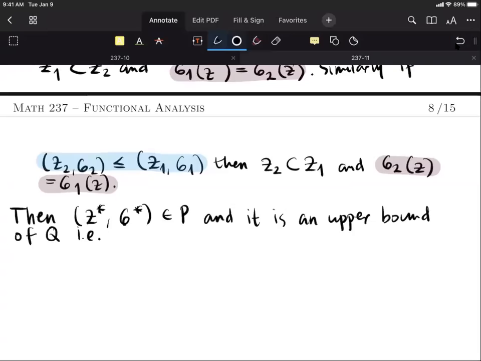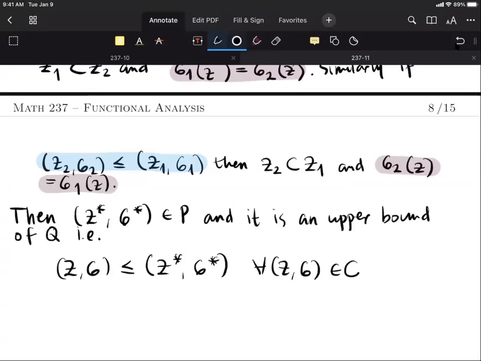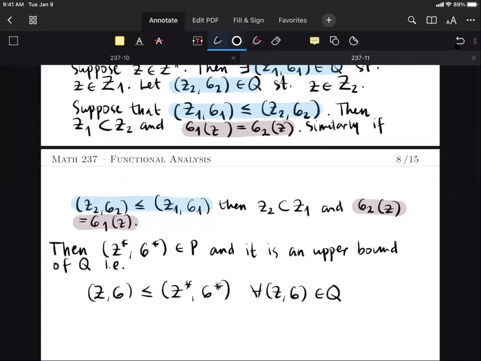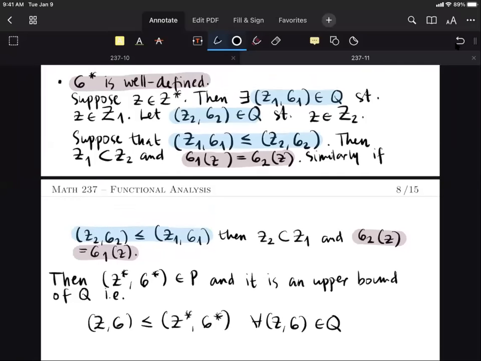This means that Z, G is less or equal to Z star, G star for all Z, G in Q. Well, this follows immediately because Z star is the union and G star is an extension of every G in this pair.